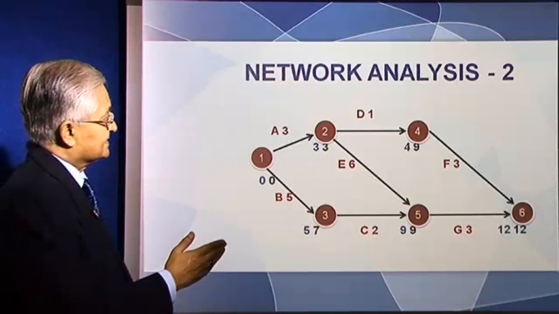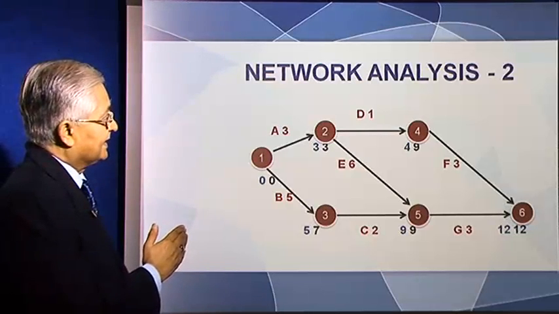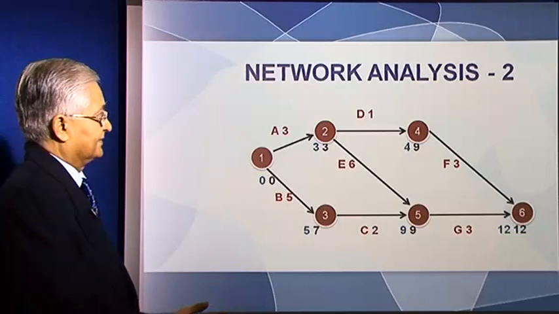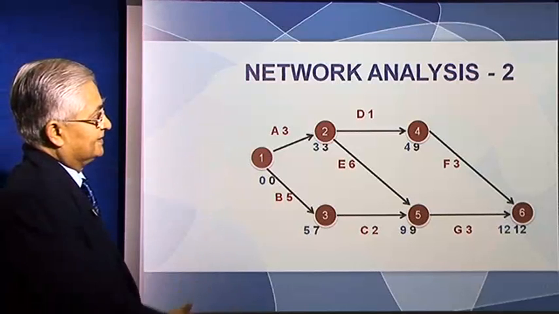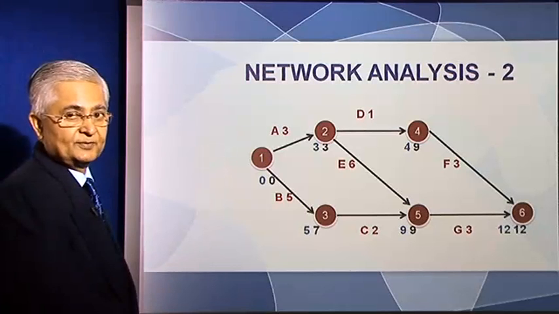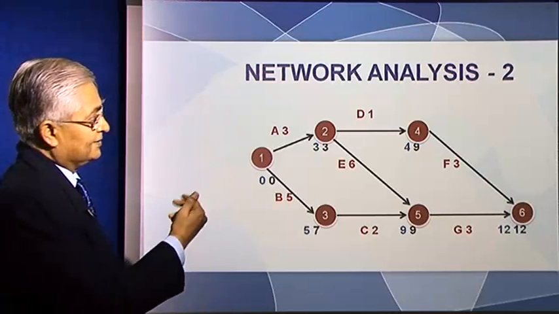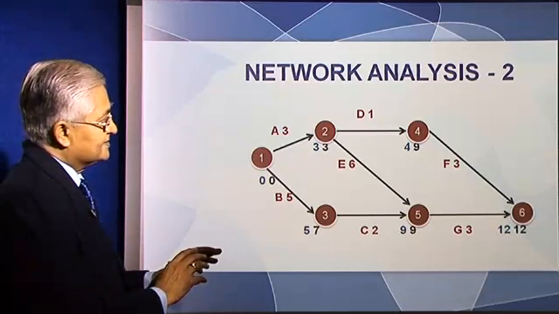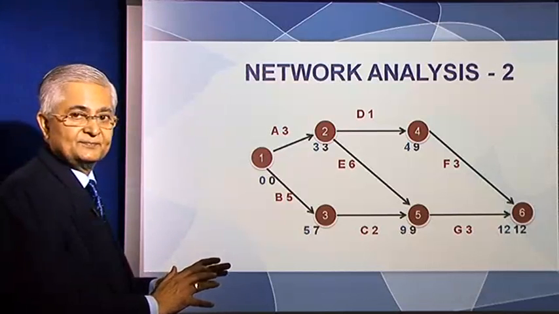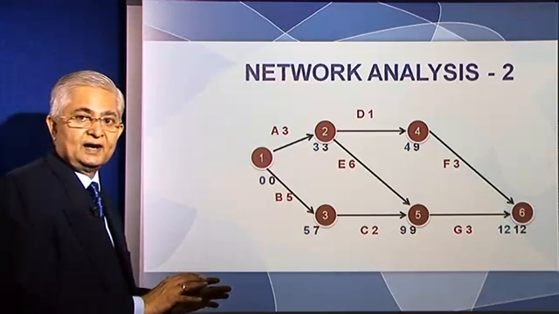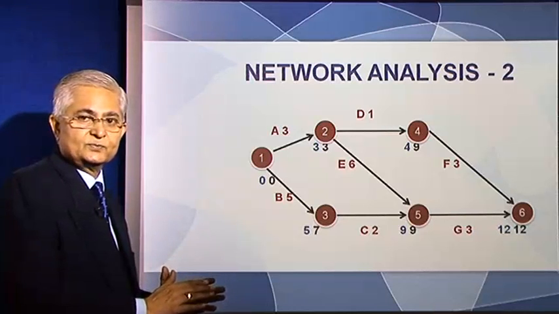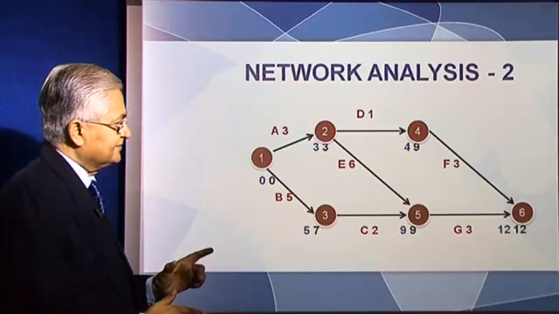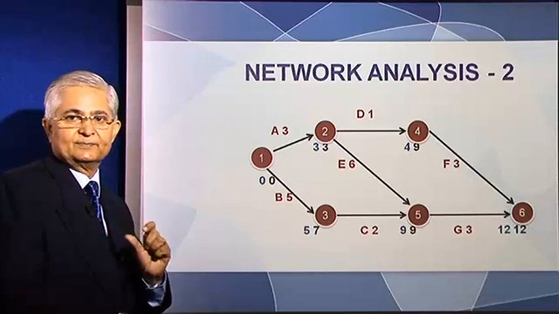You can start D not at the end of the 3rd month, but you can afford to start it even at the end of the 8th month and still reach 4 at the end of the 9th month, right? So this indicates to us the activities which are critical, activities which we must ensure are finished on time, and activities where we have certain flexibility. Okay?